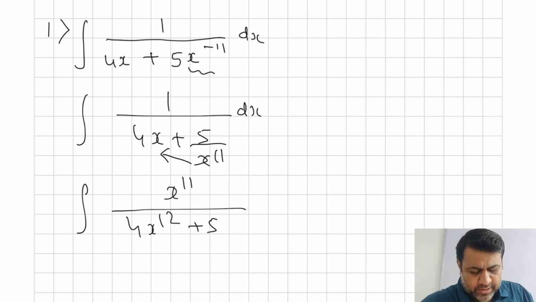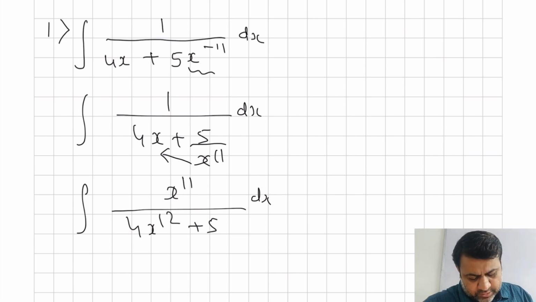I can take x power 11 in the numerator, right? So x power 11 dx. Now if you observe x power 12, if I differentiate, I get 12x to the power 11, right? So somewhere x to the power 11 of the numerator will also be used. So I am going to do the same thing here.